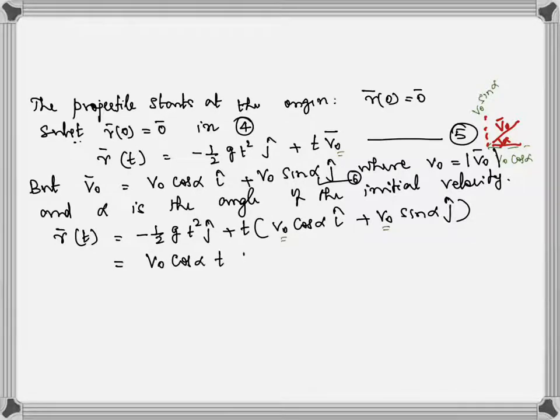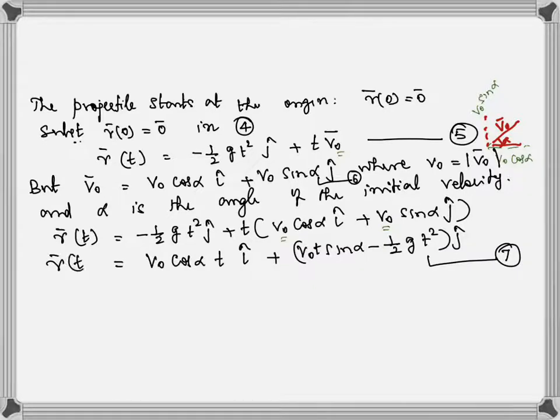So now we can rearrange the i and j terms, which is V0 cosine alpha t i, then V0 sine alpha t minus half g t squared. This is the j component, and we'll call it step 7. So we have r of t given by step number 7.